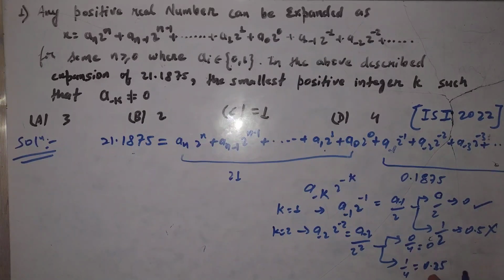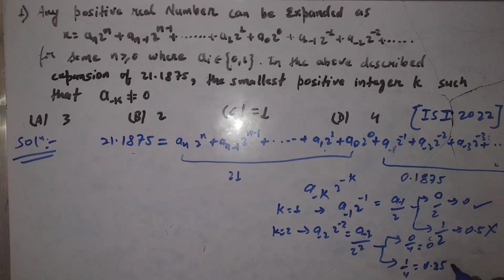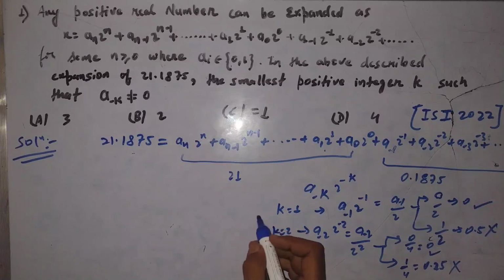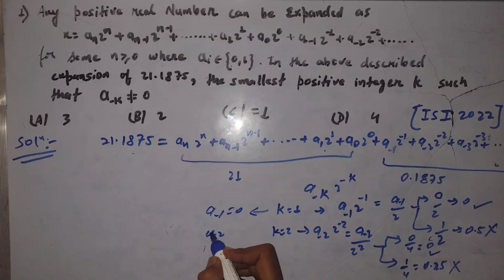Again, if a_(-2) equals 1, then 0.25 exceeds this number, which should not happen. Therefore this is also not the case. So we can conclude that a_(-1) equals 0 and a_(-2) is also equal to 0.